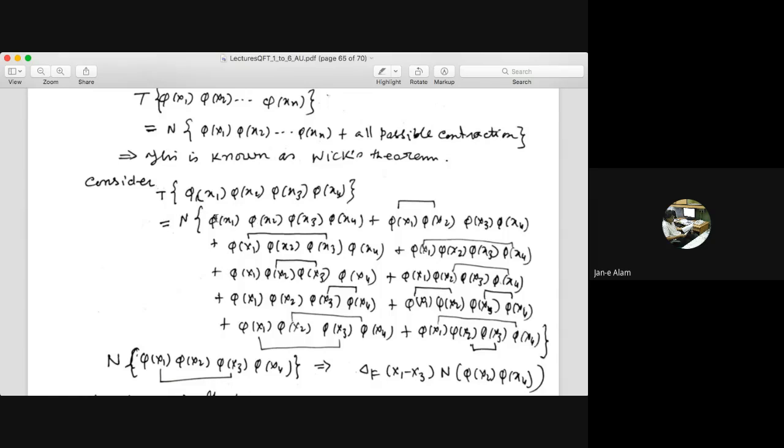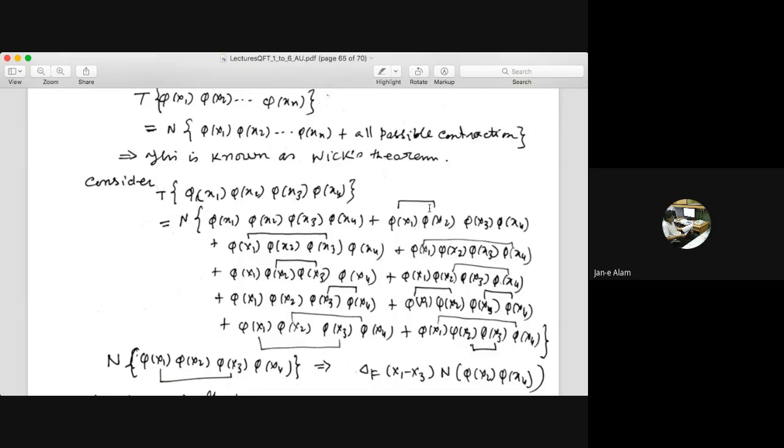Now you see, in all possible contractions, the first term, no contraction, will certainly give you 0, because you will have annihilation operators and creation operators, and when you take the annihilation operators on the right, that will give you 0. Then pairwise contractions of 1, 2, 1, 3, 1, 4, 2, 3, 2, 4, and 3, 4.